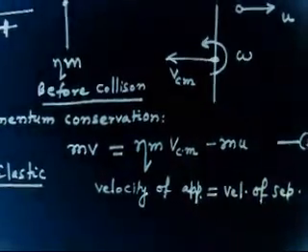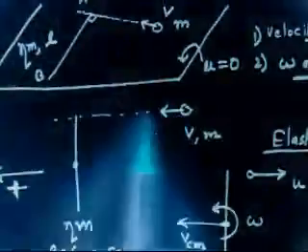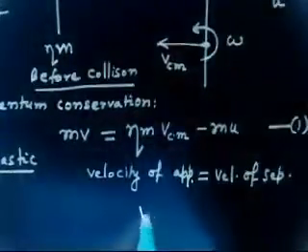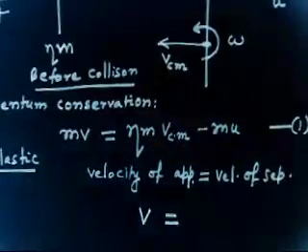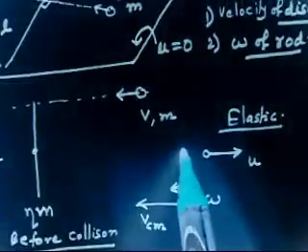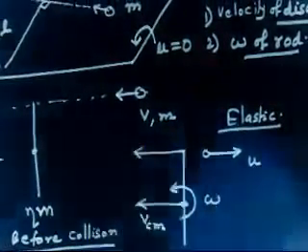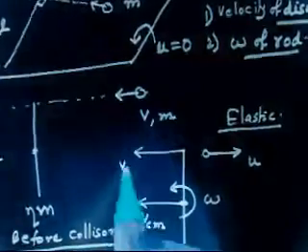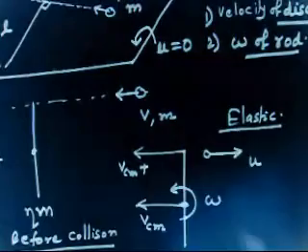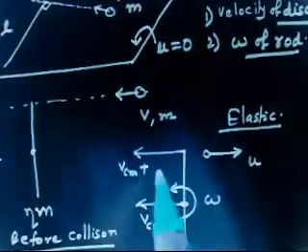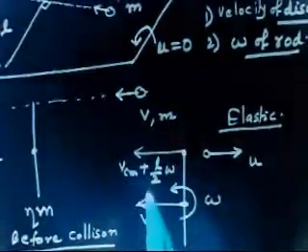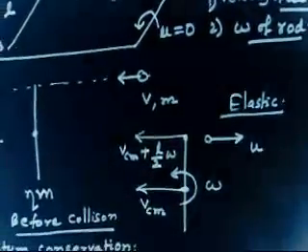So let us see, what is the velocity of approach? The velocity of approach is v, because the rod is at rest. What is the velocity of separation? This point will have two velocities. What is the total velocity of this point? It will have a velocity VCM due to the translation, and L by 2 into omega, since the rod has a length L. So the velocity of this point is VCM plus L by 2 into omega. Are you getting?